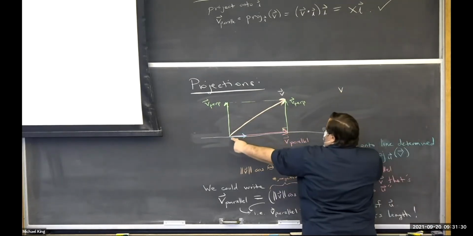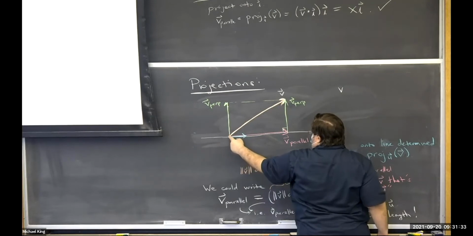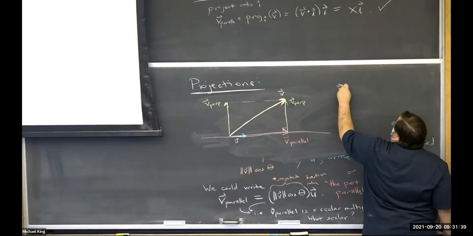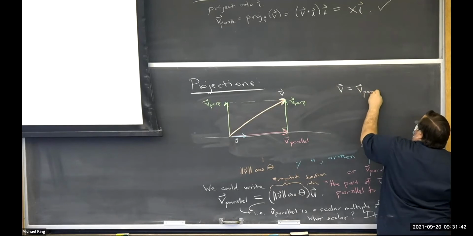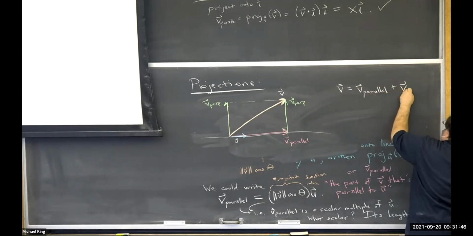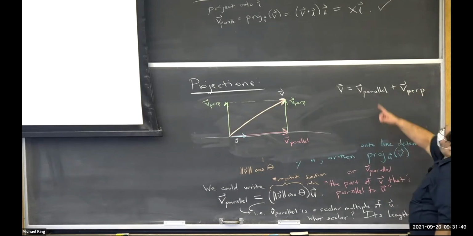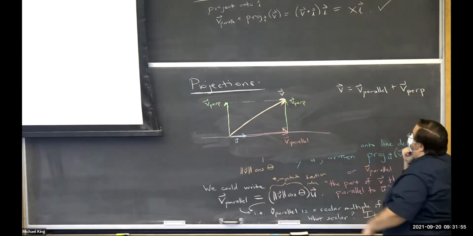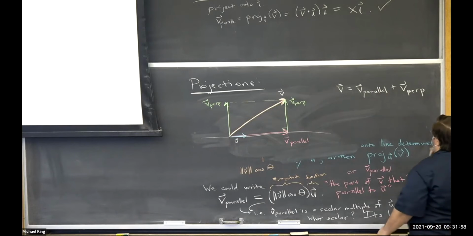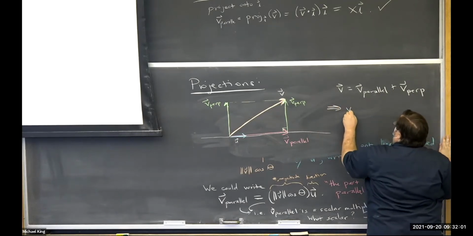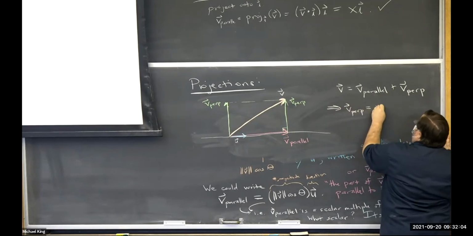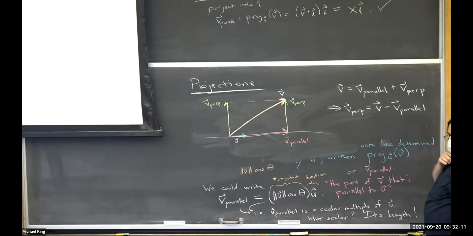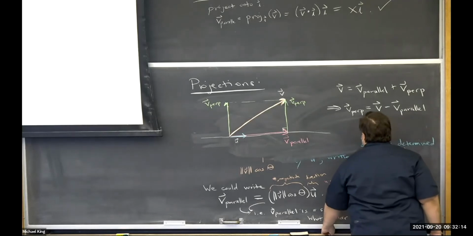The vector from the origin out to v is the same as v parallel plus v perp, just like in that example up there where I could write it in components as xi plus yj plus zk. And so a quick way to calculate the perpendicular is just to subtract the parallel. Right?